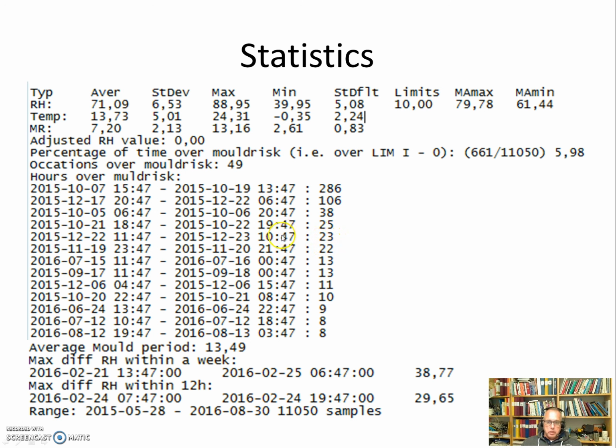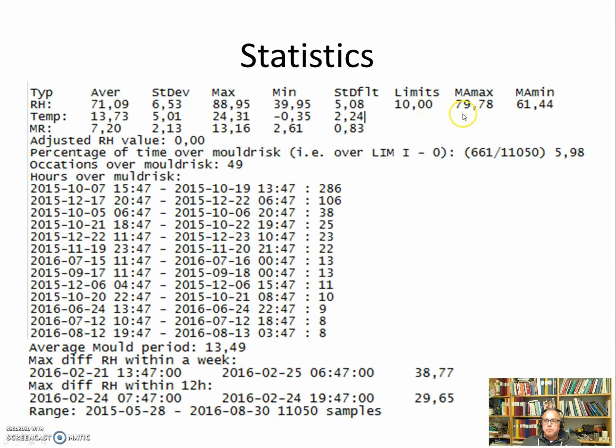So let's look at some other statistics we like to do. Here we have some general statistics regarding relative humidity. We can see the average, the standard deviation, the maximum value, and the minimum value. This is also the standard deviation of the short-term fluctuations, so it's another way to calculate the limits that I was talking about, upper and lower limits, with 10%.